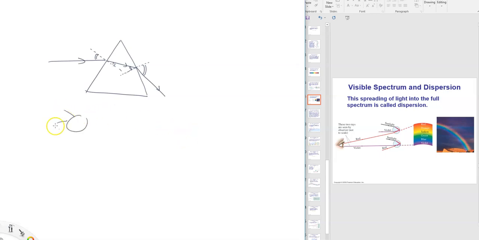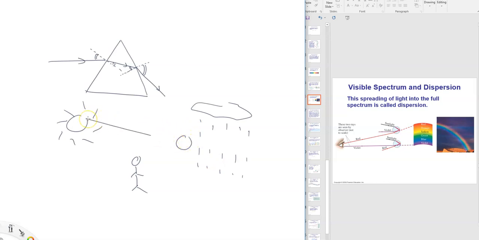You have to have sun, you have to have some kind of rain cloud, you have to have rain, and you have to be over here. The person has to be between, the sun needs to be behind you, the rain should be in front of you. So if you think about a rain droplet, light comes in.